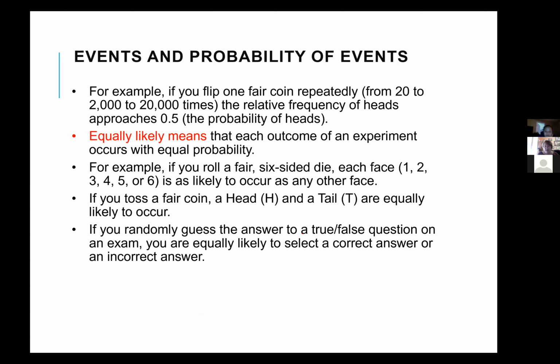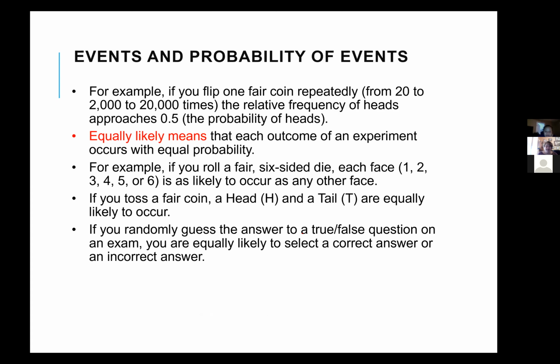If you roll a die and the die is fair, you would expect any of the numbers 1 through 6 to occur as likely as any of the other numbers. So you would expect the probability of getting a 1 to be equally as likely as the probability of getting a 2 or a 3 or a 4 or a 5 or 6.